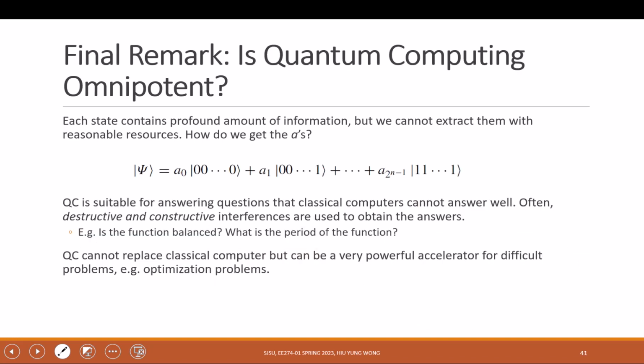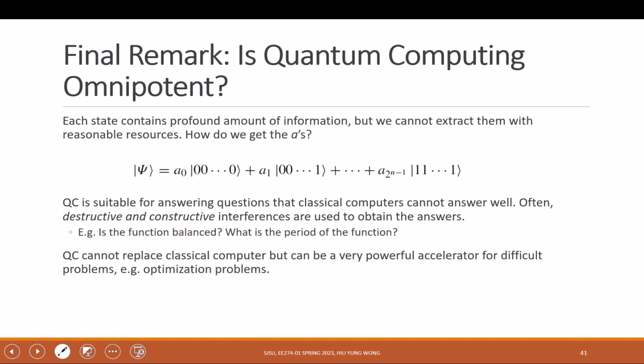Finally, after all this, you see the most important thing about quantum computing is what? Superposition. And it has a lot of information, so much that actually we cannot read all of it. We don't have enough memory just to store the state of 300 electrons. So you cannot expect it to do regular arithmetic for you. However, we can use destructive and constructive interference to get the answer we want. So this is the main thing.